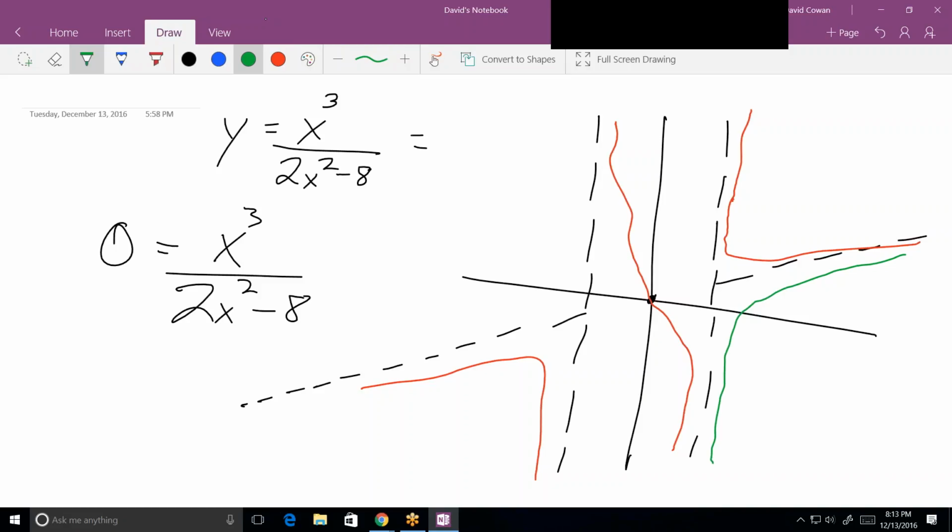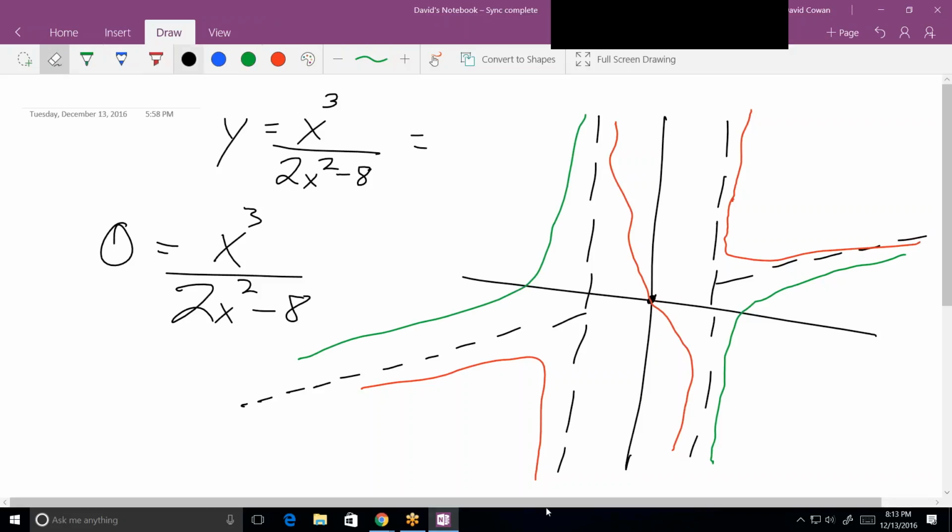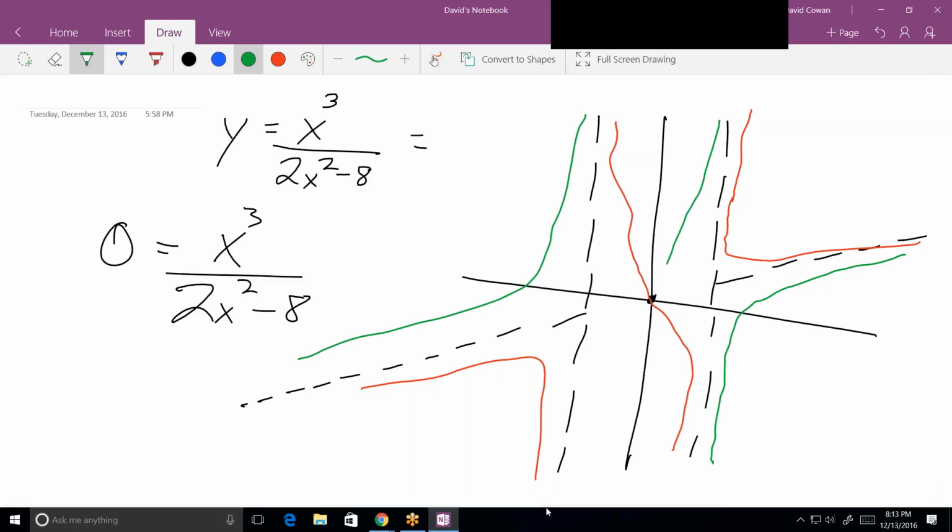And then it's doing something in the middle. The other possibility is that it would do that. Let me draw what it would look like exactly if it was the other way. It would come down like this.